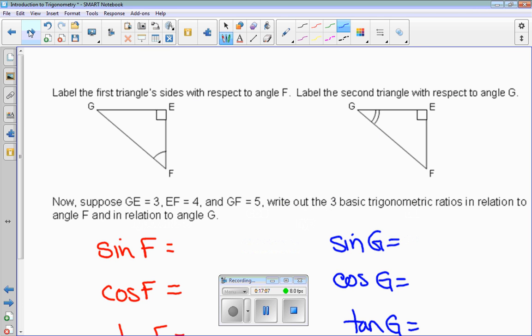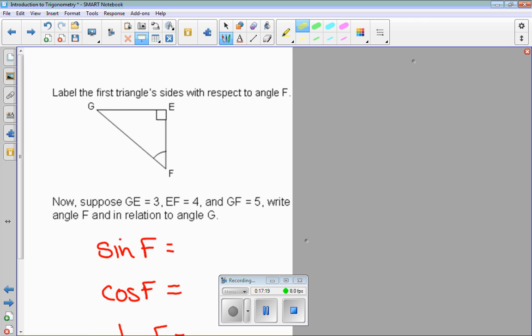All right, so let's use it. Label the sides, let's start with the left-hand side. So this is kind of like your example. With respect to angle F, label the three sides as opposite, adjacent, and hypotenuse.